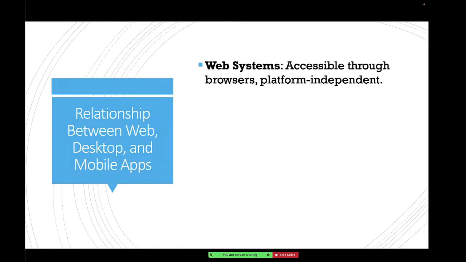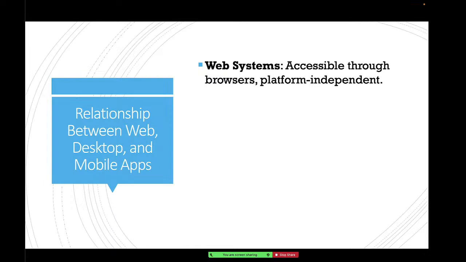When I say platform independent, it works on any kind of what? On a device. It will work on a computer, on a mobile phone, on a Windows machine, on a Mac machine. So it is cutting across. That's what we call independent of platform. It is not limited by platform. So we can also call it an advantage of a web system.